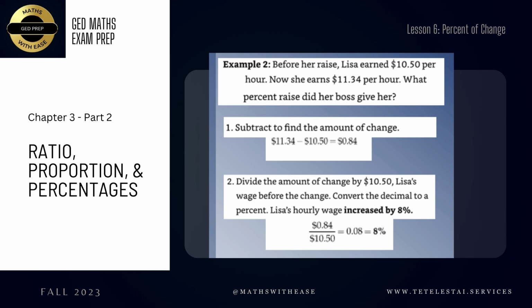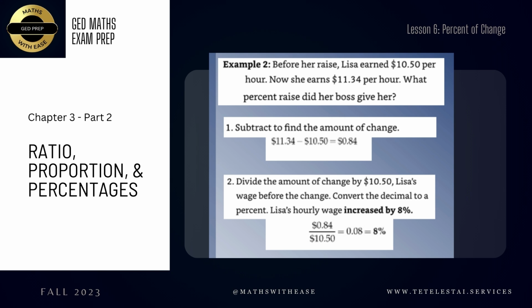And then to change this decimal to its percentage equivalent, you would simply multiply by 100%. That would simply involve moving the decimal place twice over to the right to indicate that you've multiplied by 100, rewritten in its percentage form as 8%.